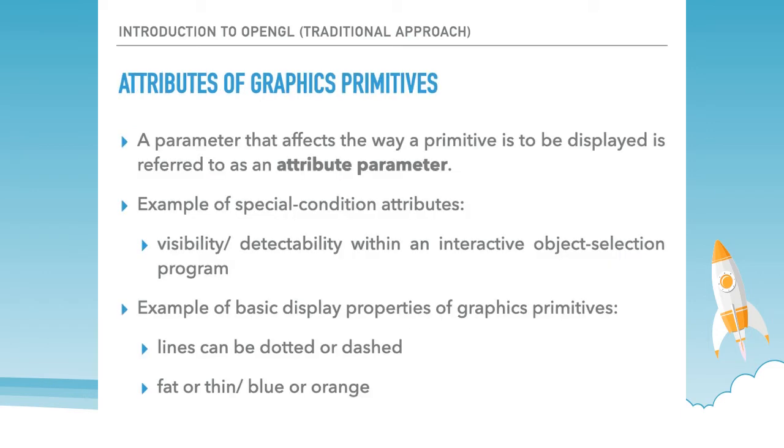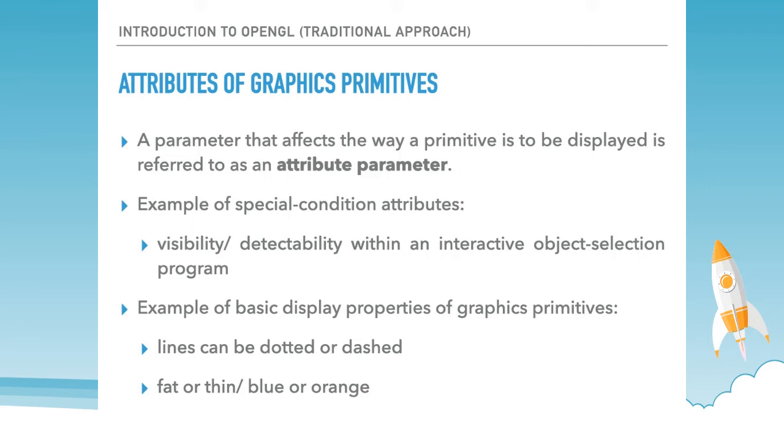In general, a parameter that affects the way a primitive is to be displayed is referred to as an attribute parameter. Some attribute parameters, such as color and size, determine the fundamental characteristics of a primitive. Other attributes specify how the primitive is to be displayed under special conditions.